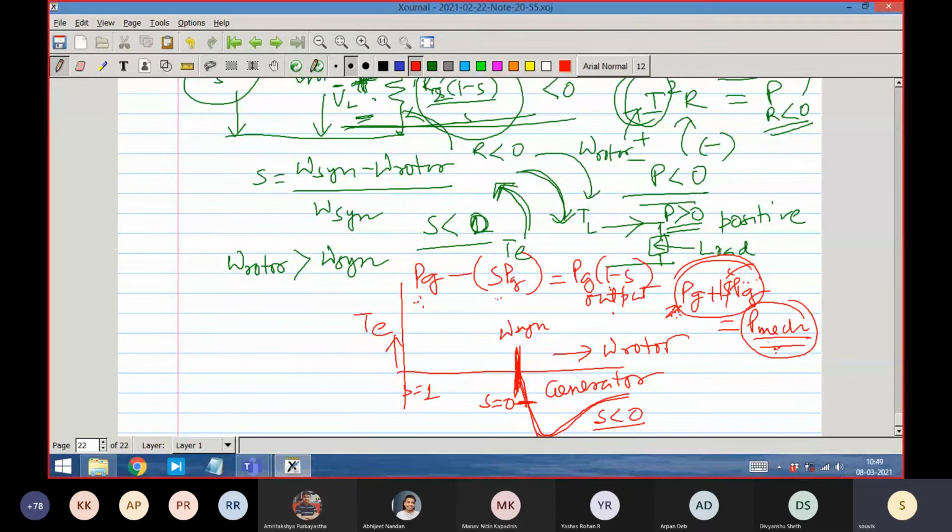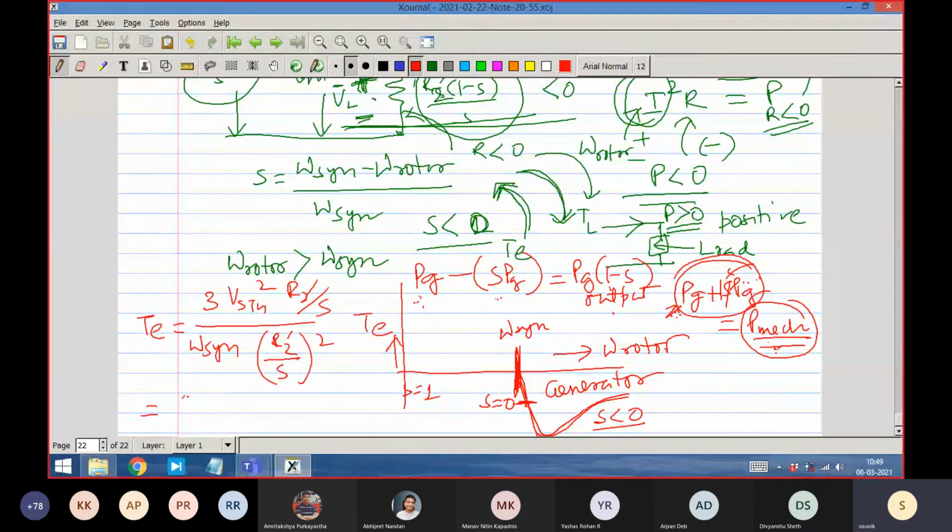And what was the torque expression? The simpler torque expression was Te equals 3 into Vs Th square by omega sync, and in the bottom portion near the slip, when slip is very low, R2 dash by S is dominating. So R2 dash by S will dominate over everybody. So this is R2 dash by S square into R2 dash by S. So what is it saying?